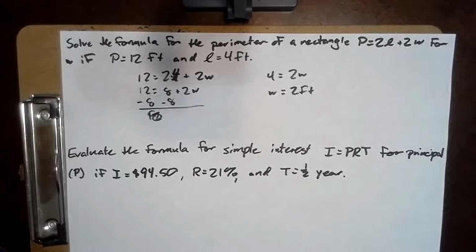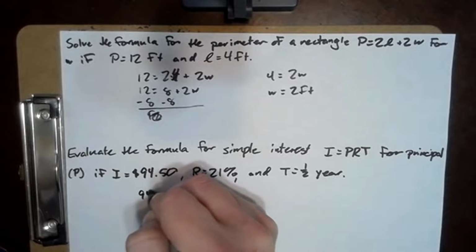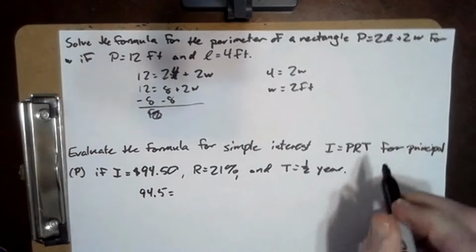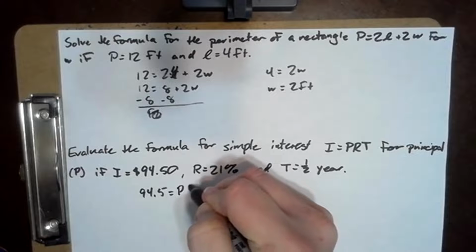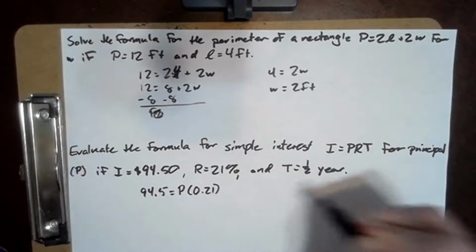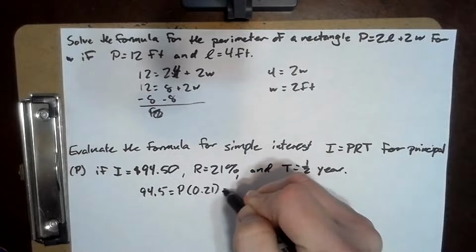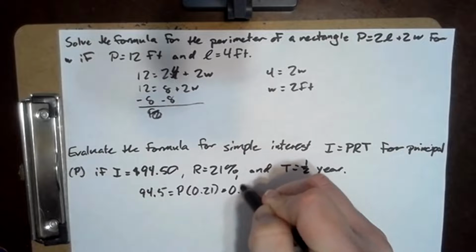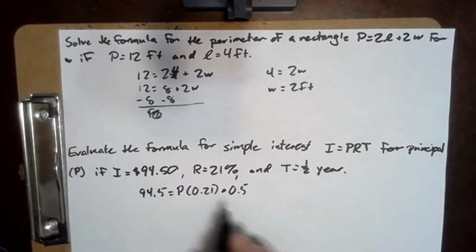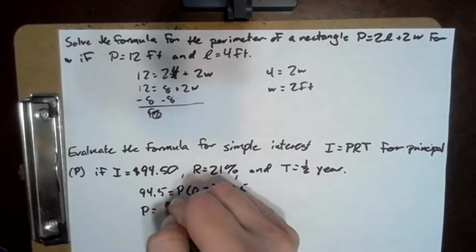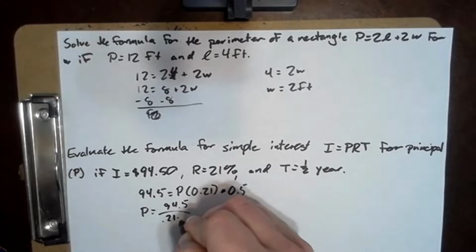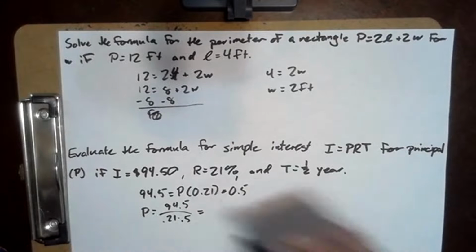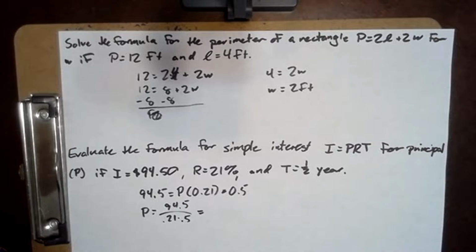Evaluate the formula for simple interest, I equals PRT for principal, if I equals $94.50, R equals 21%, or 0.21, and T equals half a year. Okay, so now I can take P equals 94.5 over 0.21 times 0.5. Just plug that into my calculator.